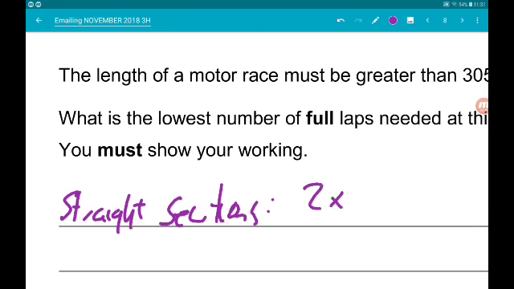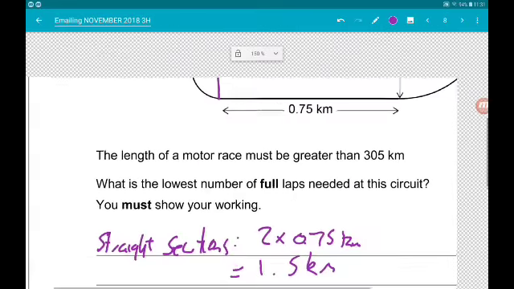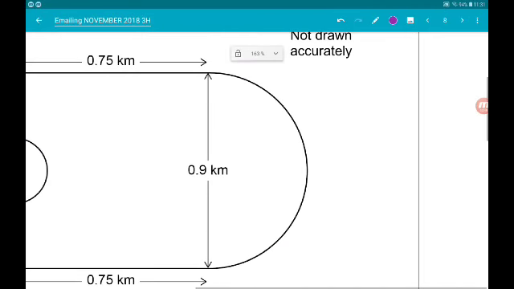That's 2 times 0.75 kilometers, which is 1.5 kilometers. Okay, now for the semicircles, let's do this guy over here first.